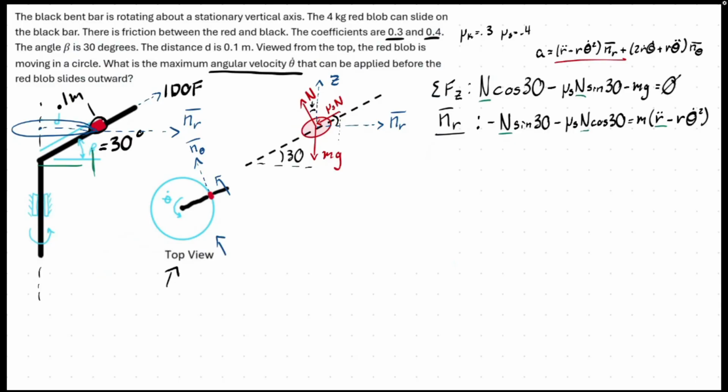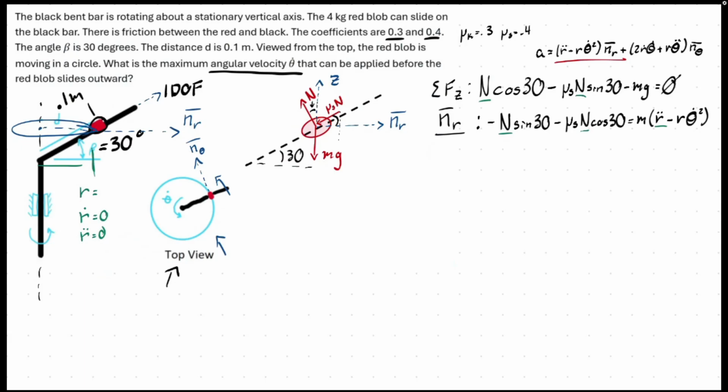So if that's unchanging, because we're talking about before this thing starts slipping, then the change in that r distance is 0. So the r dot term is 0, and if our r dot term is 0, then our r double dot term is also 0. 0 is just a constant. Because this r is equivalent to some constant value before it starts moving, then the r dot term and r double dot term are both equal to 0 before we start moving.